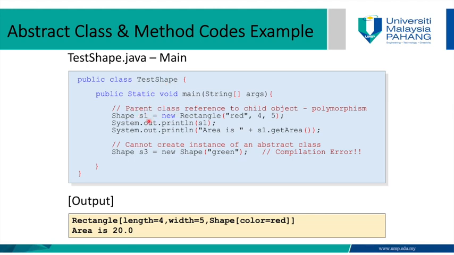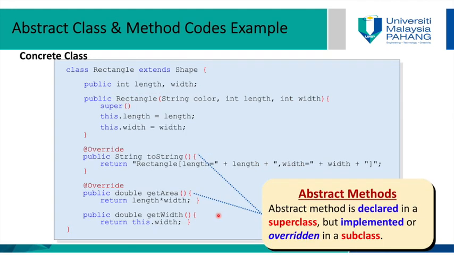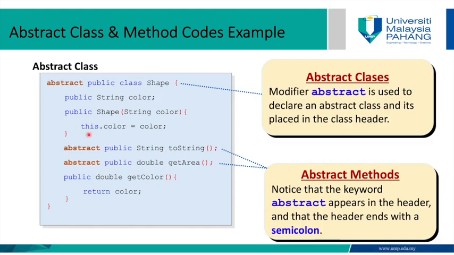Here we are printing the area, and we are also printing the color, the length, the width, all the attributes of the shape. We get all the information from the subclass, this one, and the superclass here, which is the abstract class.